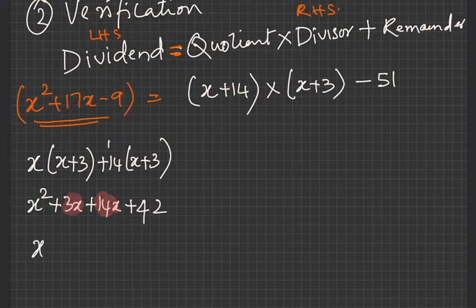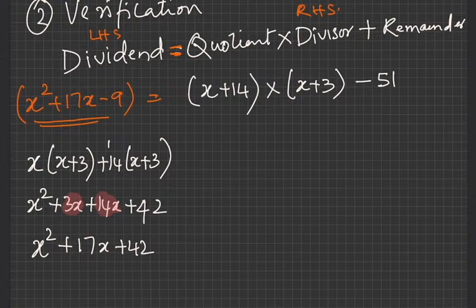So x squared plus 3x plus 14x, I can add them because I have the literal coefficient and the power is same. So I just add up the numeric coefficient. 3 plus 14 is 17x plus 42.